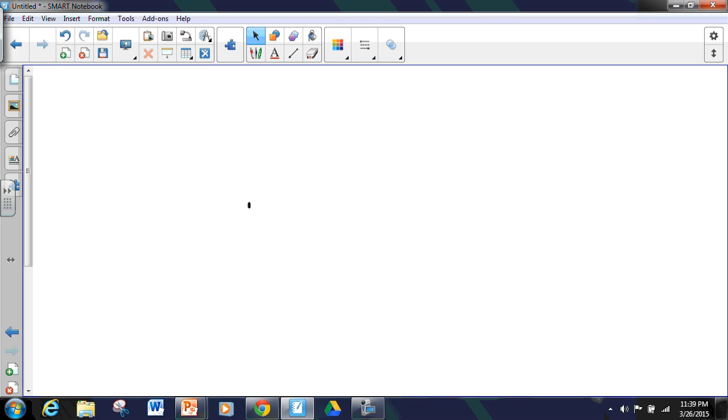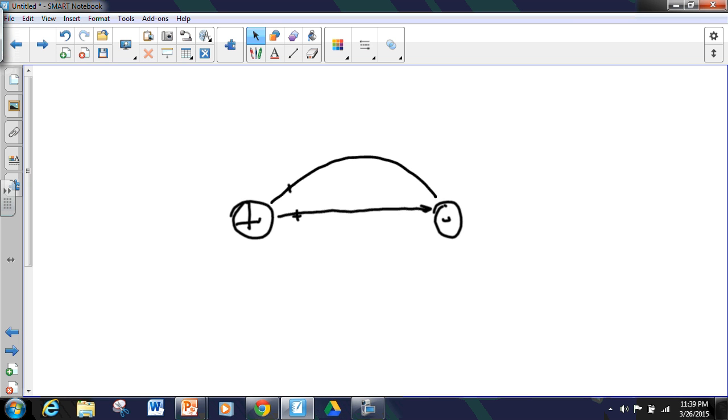If I had a positive and a negative, and I put a positive test charge here, it's going to be pushed away from the positive and drawn towards the negative. If I put it up here, it's going to be pushed away until it gets into the force field of the negative, and then it's going to be pulled towards it.